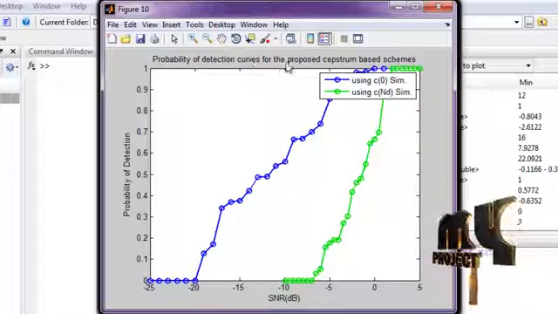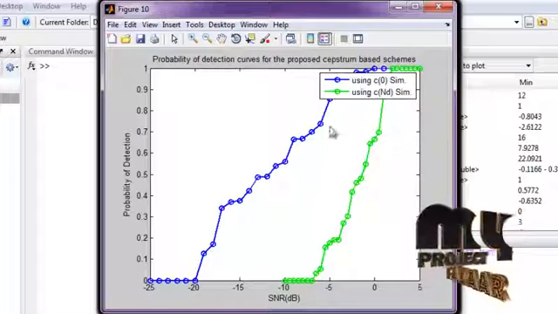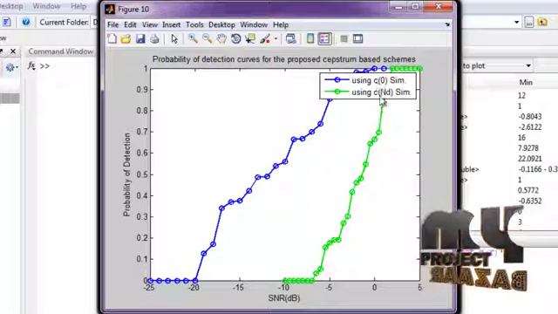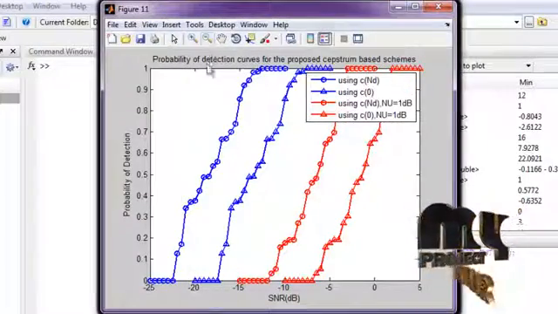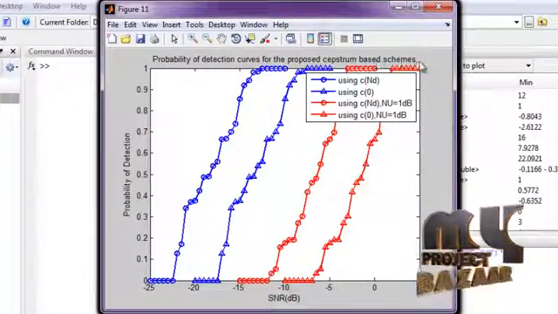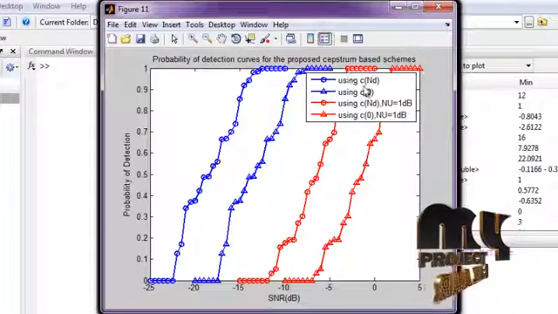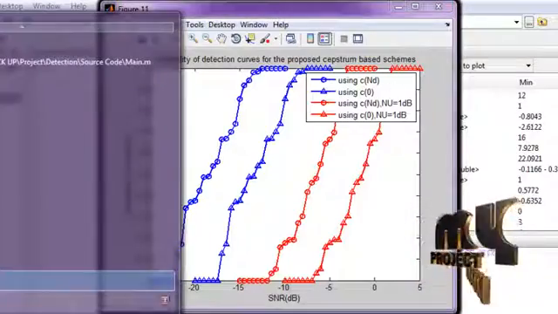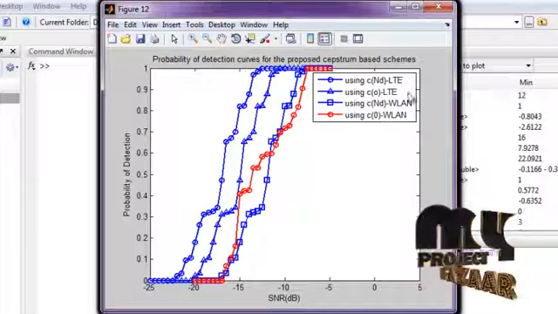The graph is plotted between AWGN and the OFDM signal, showing the probability of detection curves for the proposed Cepstral-based scheme, considering the Cepstral coefficient under AWGN and also the OFDM signal. Here we obtain the probability of detection curves for the proposed Cepstral-based scheme.